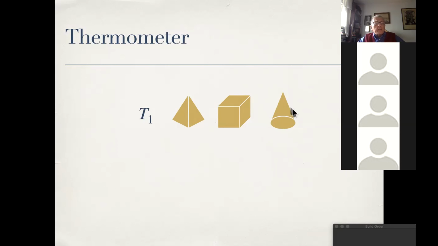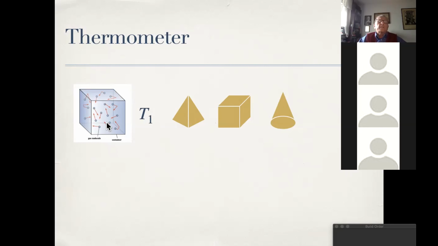So imagine that we have a certain set of bodies, and we use as a thermometer a device which is an ideal gas. Then all of those systems are in thermal equilibrium, and we assign as a temperature, T1, the reading of our thermometer, which is now the ideal gas.